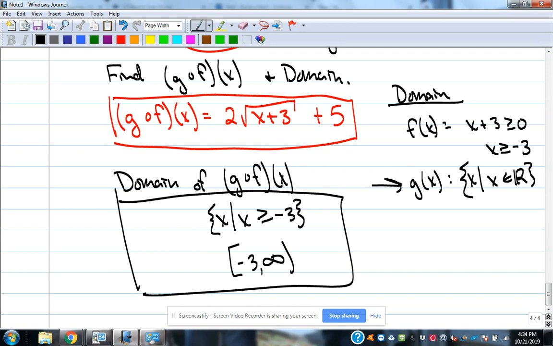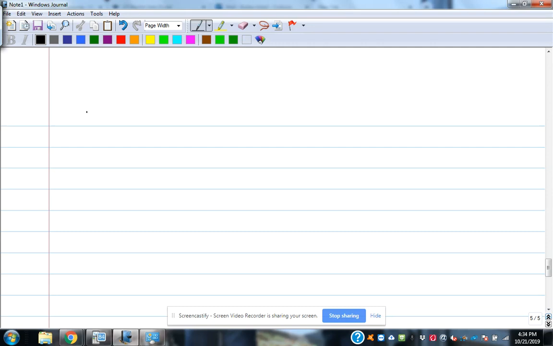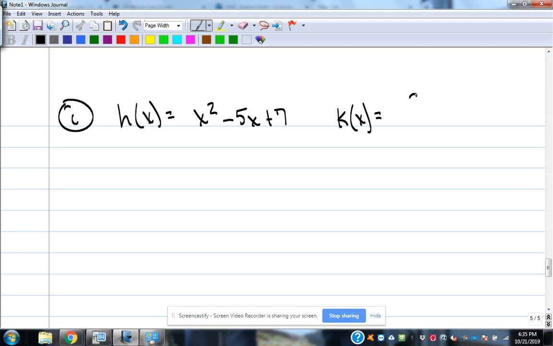Let's look at another one, maybe one that's slightly more difficult. I don't know, I think it really is, but maybe you do. h of x is x squared minus 5x plus 7. And then k of x is 3x over x minus 2.